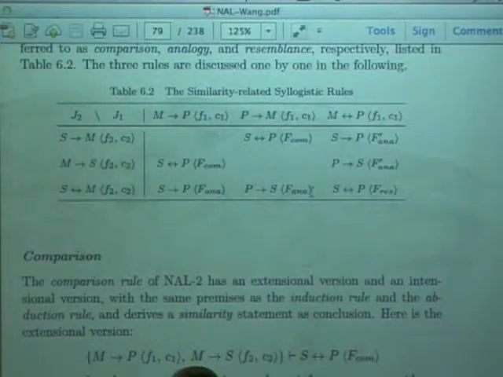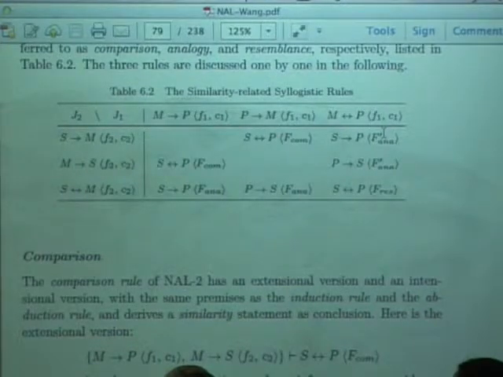Okay. The difference is, you see this function, if I say F prime, it's basically the same function as F, whatever it is named, but with the subscripts 1 and 2 exchanged. Okay, you see that the difference is just which one is taken to be the first premise, which one is taken to be the second one.